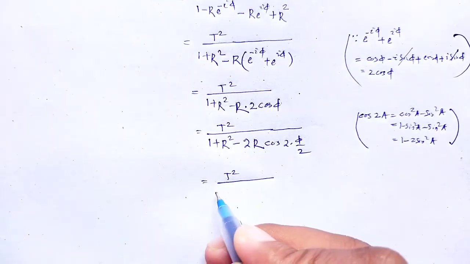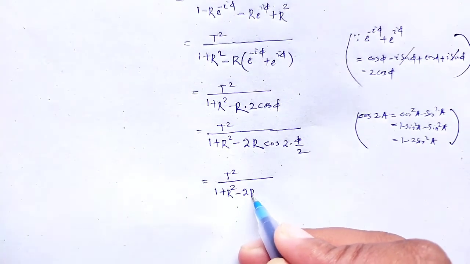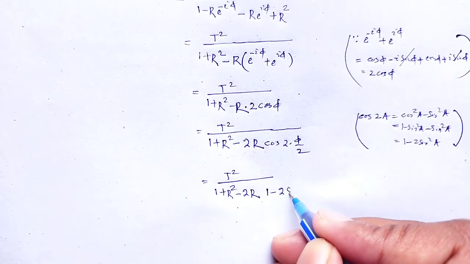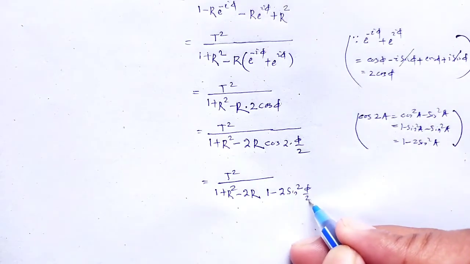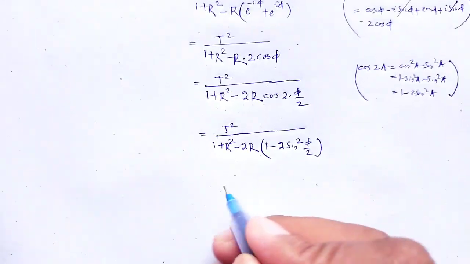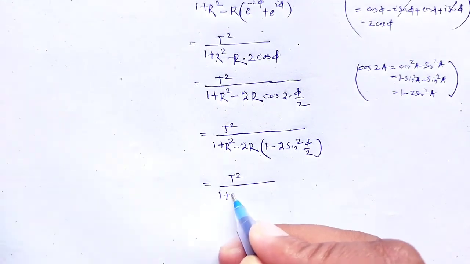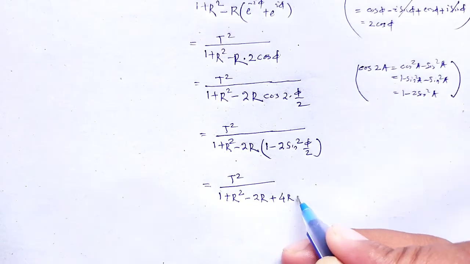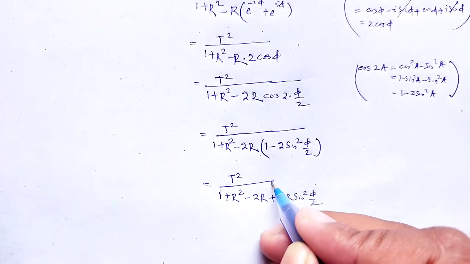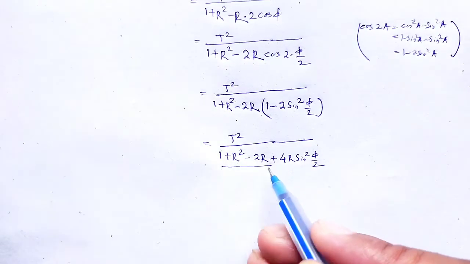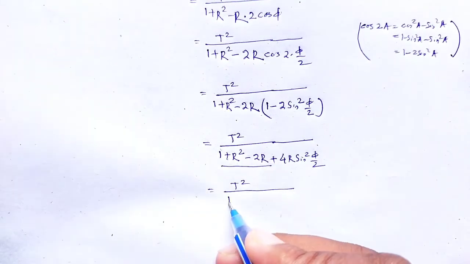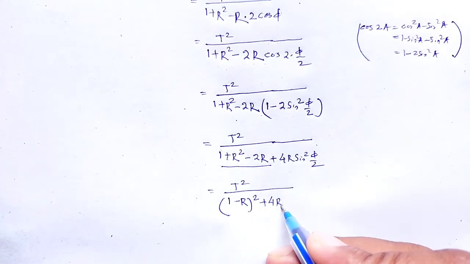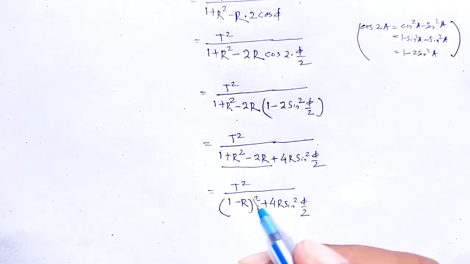So T square divided by 1 plus r square minus 2r times 1 minus 2 sin square phi by 2, which is T square divided by 1 plus r square minus 2r plus 4r sin square phi by 2. 1 plus r square minus 2r is 1 minus r whole square, plus 4r sin square phi by 2.